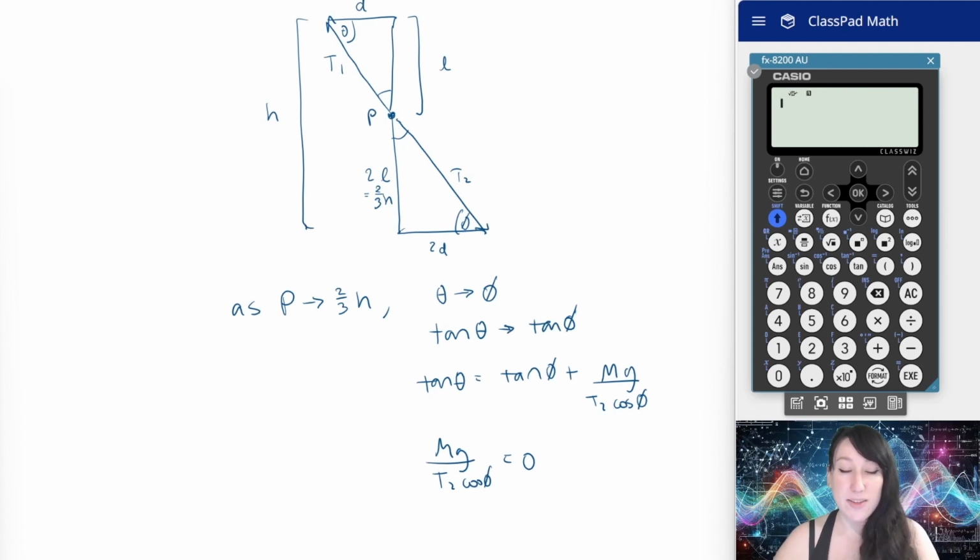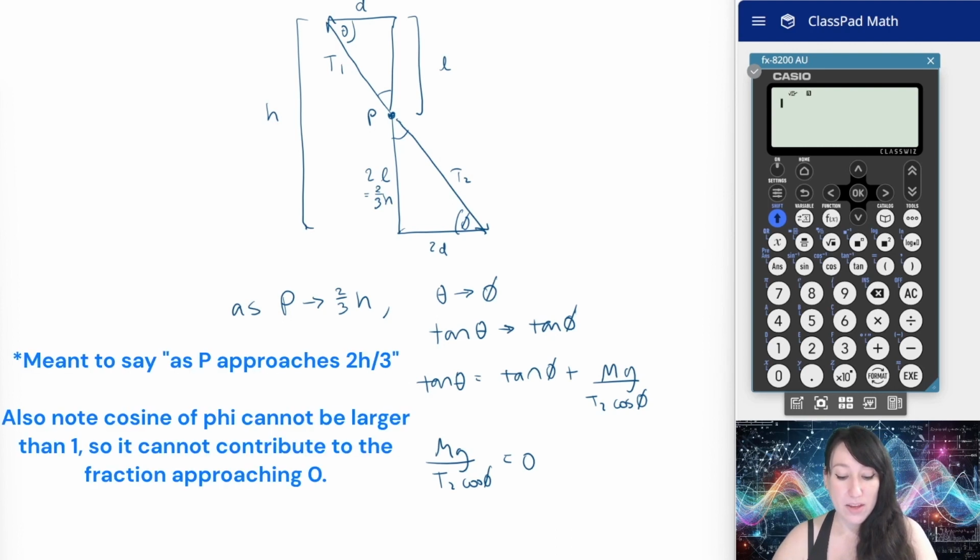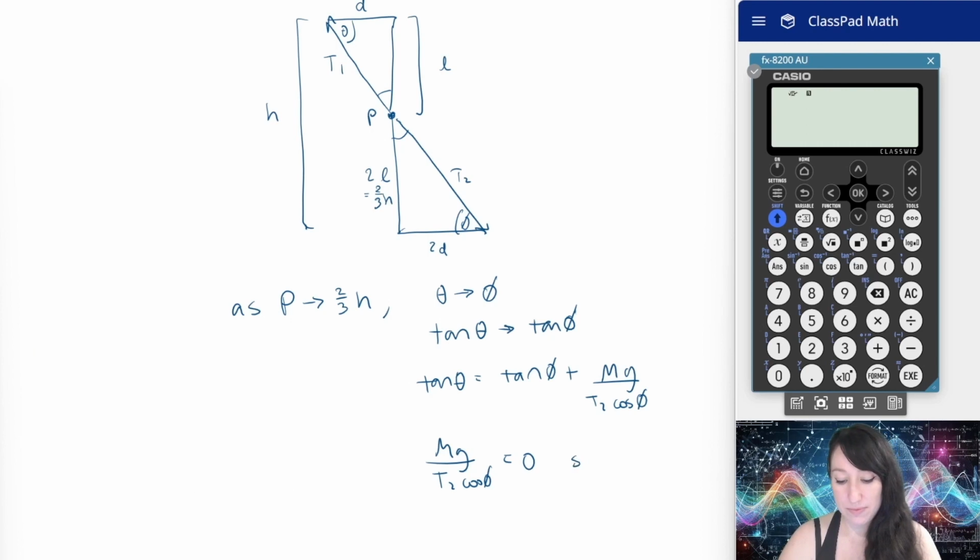Cosine phi is also going to be a constant as we approach P. So in order for this fraction to equal 0, essentially T2 would have to go to infinity, which is not going to be possible. At some point, that rope will break, and we can't have an infinite force here. So that shows that P cannot reach the height of 2/3 h, because the closer it gets to that, the tension in your rope will have to go to infinity.